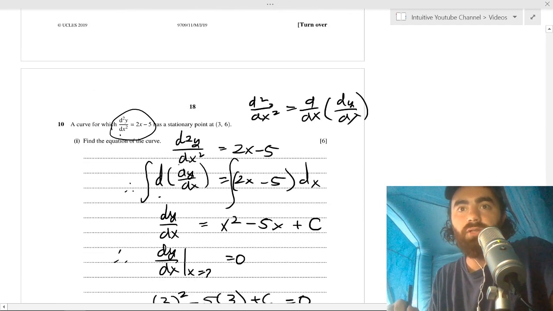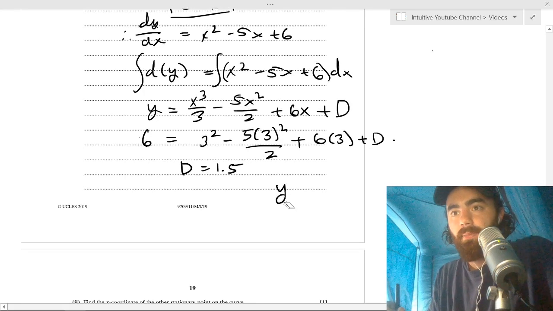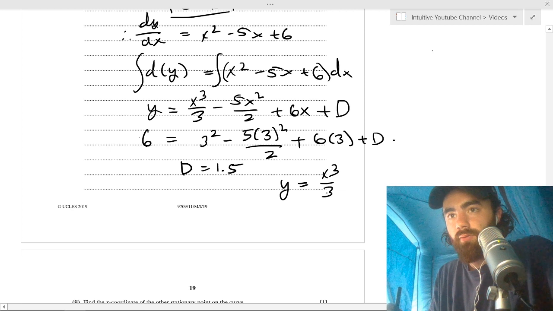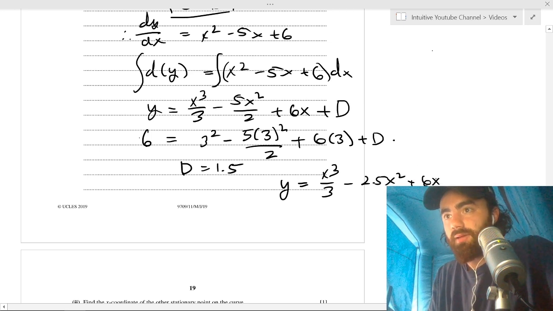So then our final equation is y equals x cubed over 3 minus 5x squared over 2, which is just 2.5x squared, plus 6x plus 1.5.